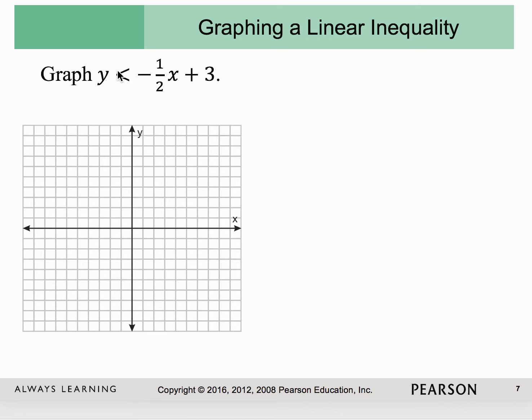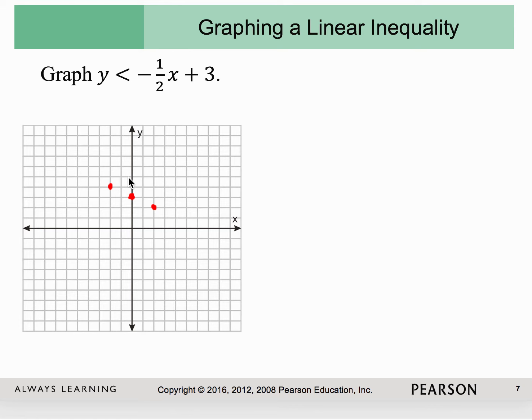Again, I'm just going to imagine it's an equation. I know that my y-intercept is 3, and the slope is -1/2. So -1/2, or I could do +1 backwards 2, either way. Either way gets me a couple of easy points.